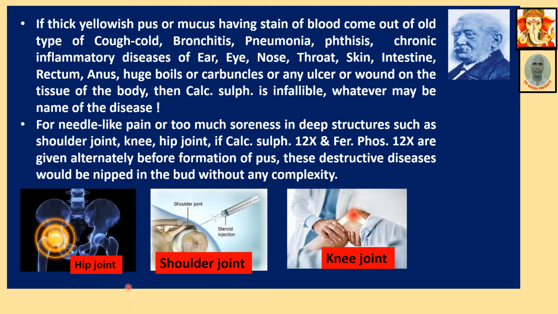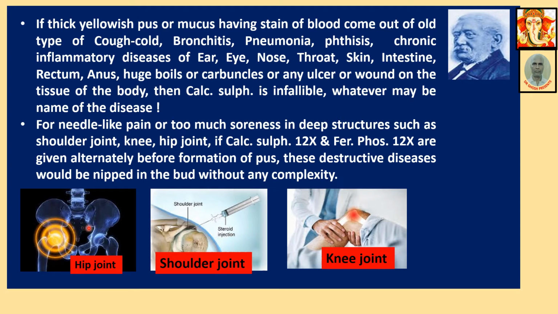Perhaps you cannot follow the weight of this paragraph. Hip joint disease is one of the very painful and disturbing diseases in old aged persons. At the starting of hip joint disease, there is needle-like pain or soreness in the deep structure, and this generally goes on increasing gradually.